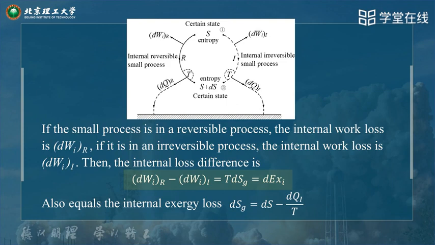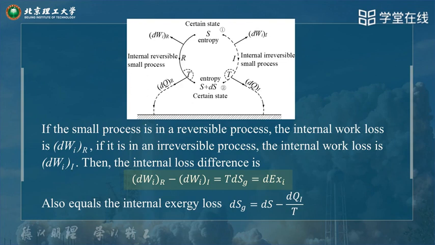Certainly the work loss, just the work difference, equals T dSg. dSg means the entropy generation. T is the temperature of the system. Noticeable, this T is not T0. It's not same as the environment temperature.